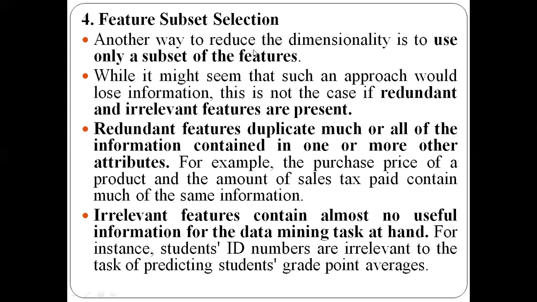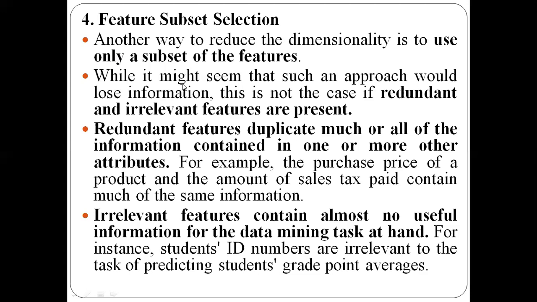Even though this technique may look important or interesting, we may lose some important information, since we are reducing the number of dimensions and selecting only a subset of features.